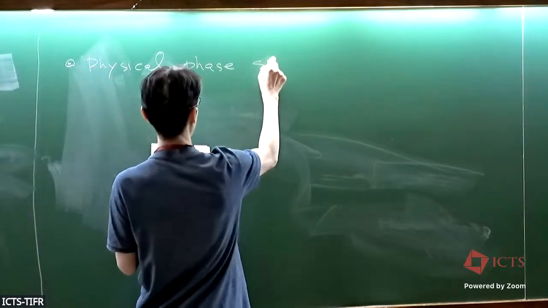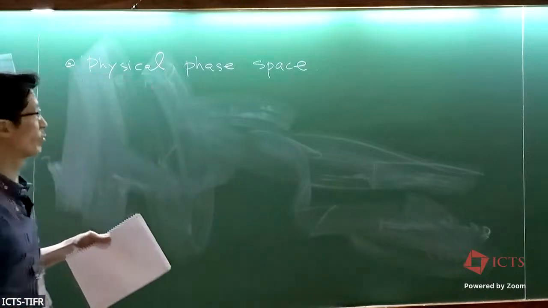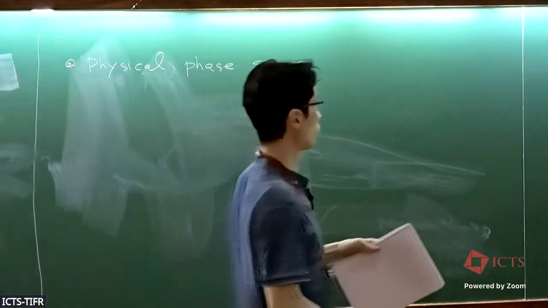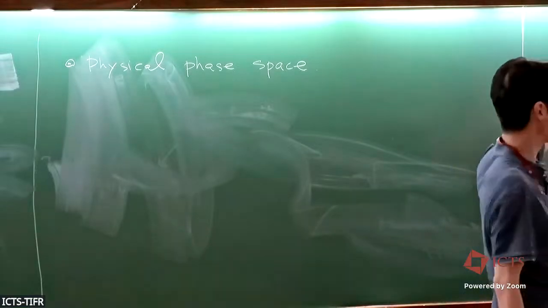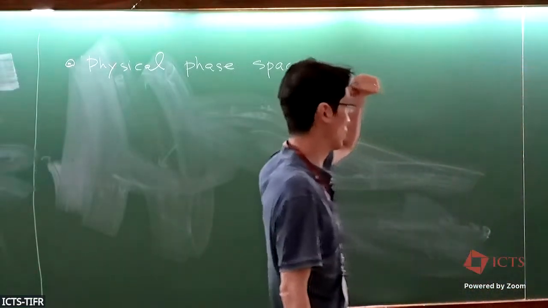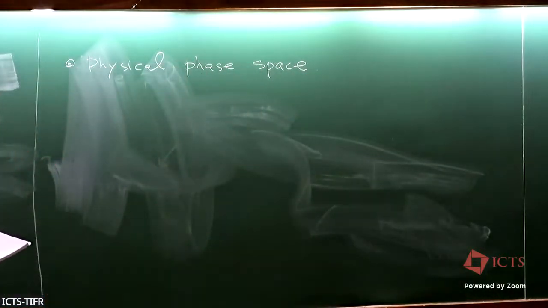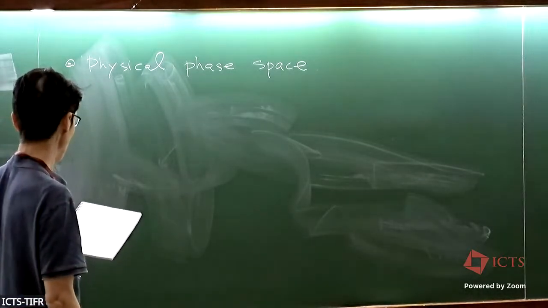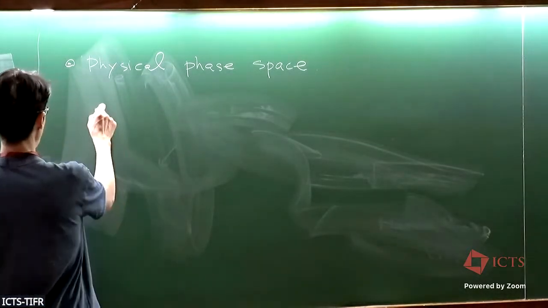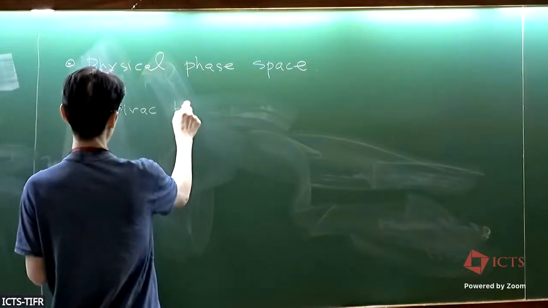Anyway, the role of the constraints is that we start from this big phase space with lots of redundant degrees of freedom, and the constraints kill everything we don't want, and we end up with the physical phase space. One nice way to describe the physical phase space is to use the Dirac bracket.